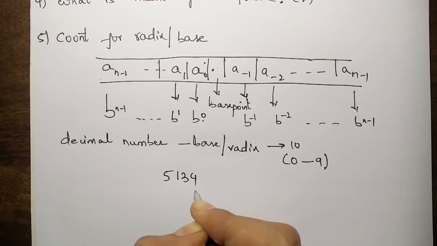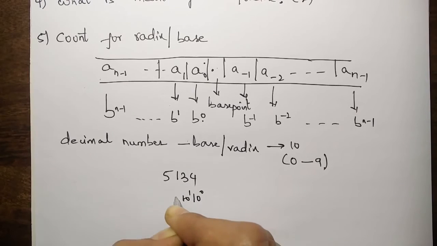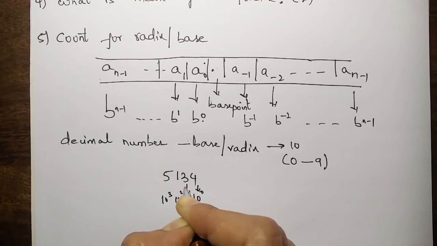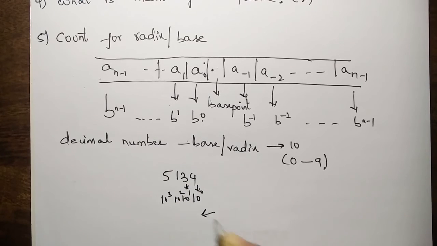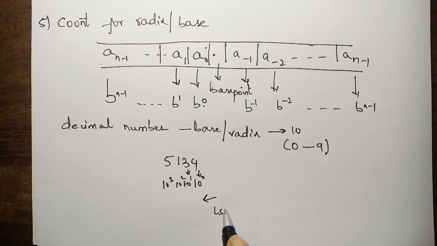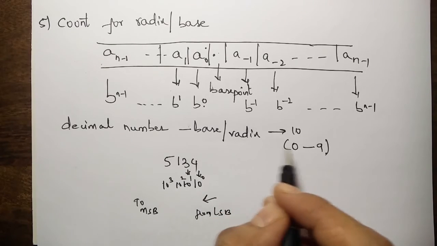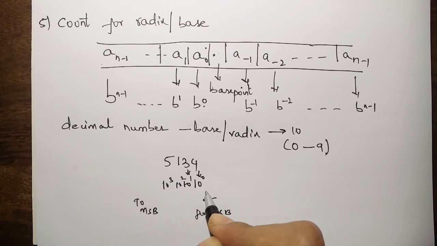The weights here are 10 power 0, 10 power 1, 10 power 2 and 10 power 3. Every number from LSB to MSB is carrying some weight depending upon the base value.